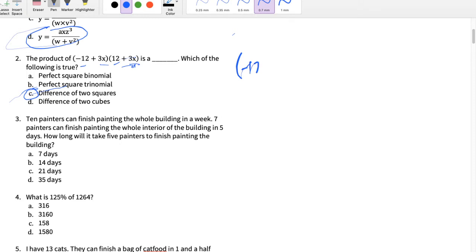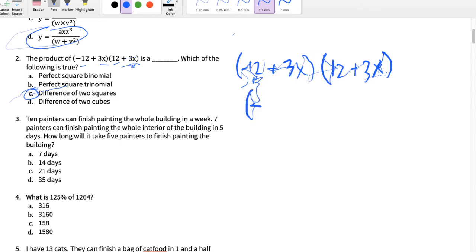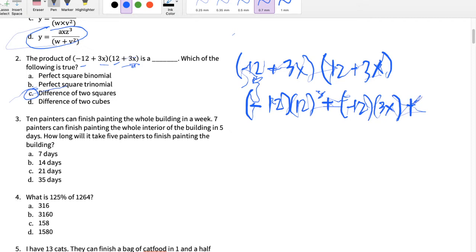Negative 12 plus 3x times 12 plus 3x. Negative 12 times 12, plus FOIL: outer, negative 12 times 3x, plus inner, 3x times 12. Sandali lang.